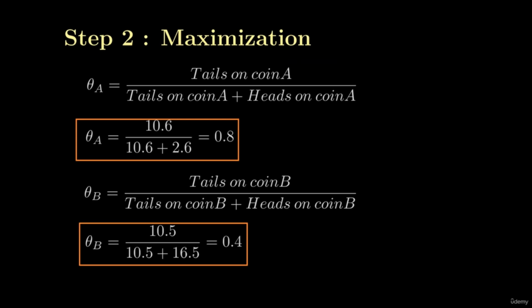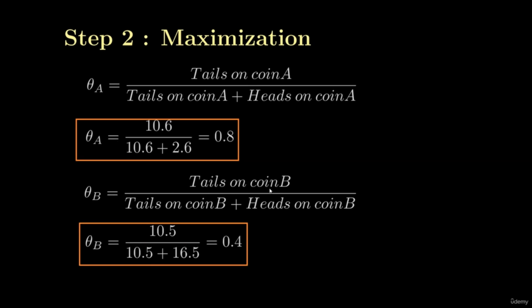Now it's time to maximize these values, or it's time for the second step of EM algorithm, which is the maximization step. So in this step, we will maximize the value, or we will update the value of theta A and theta B. So we have tails on coin A because we want the probability of tail. Tail is our successful event divided by tails on coin A plus heads on coin A. That is the total values of the events. So if we divide those values, we will get 0.8.